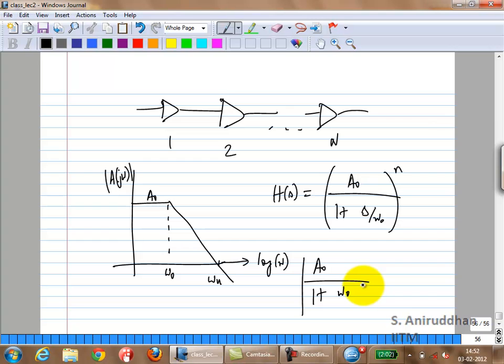So now I'm going to call it omega naught n, whole power n. I'm just trying to find out the 3 dB frequency for the cascade, which is omega naught n.